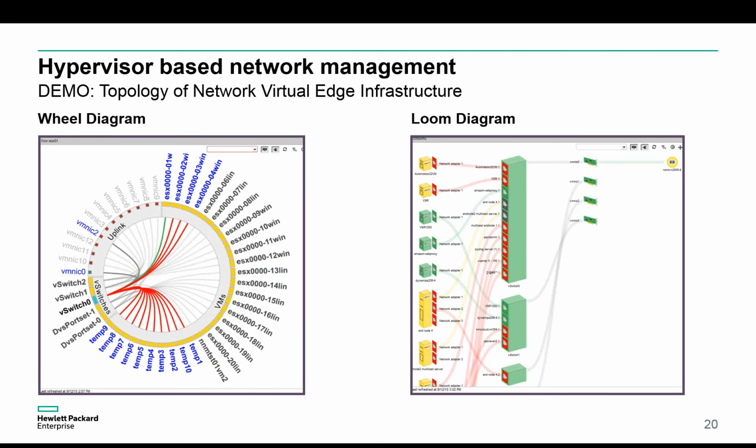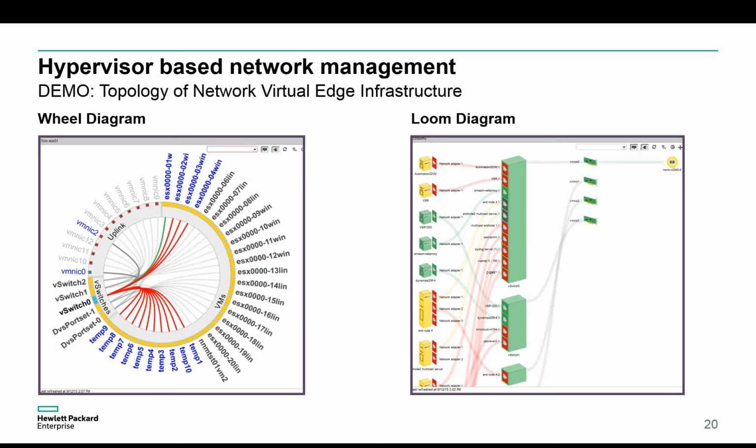The wheel diagram that you'll see on the left here is a very scalable and expandable representation, and it gives you an excellent perspective of the connectivity from the vSwitch. So you'll be able to look in both directions at the virtual machines that are connected through this vSwitch, as well as out to the uplink port and out to the outside world. And I'll show you what that looks like in just a moment. The visualization on the right is called the loom diagram.